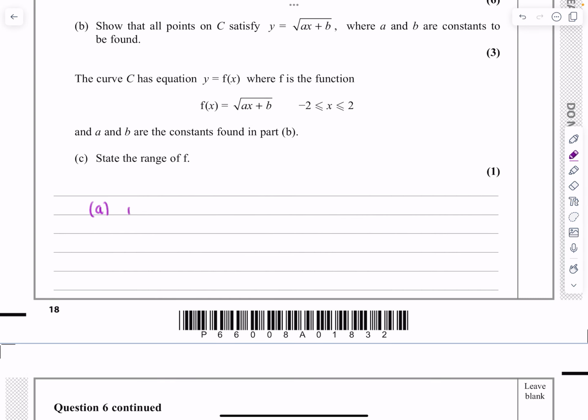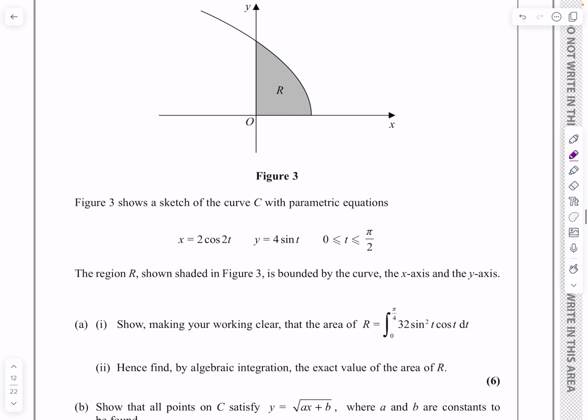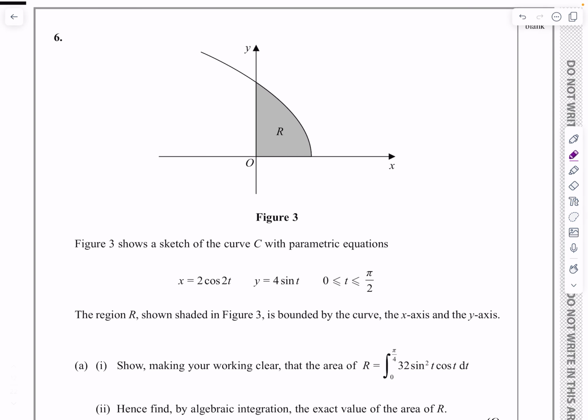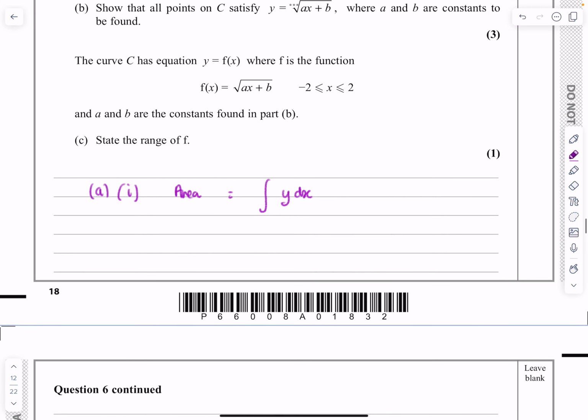So hopefully you're aware of the fact that if we want to find the area, that's simply going to be the integral of y dx. So it's the integral of y dx between 0 and, let's just call this value here x1, between 0 and x1.